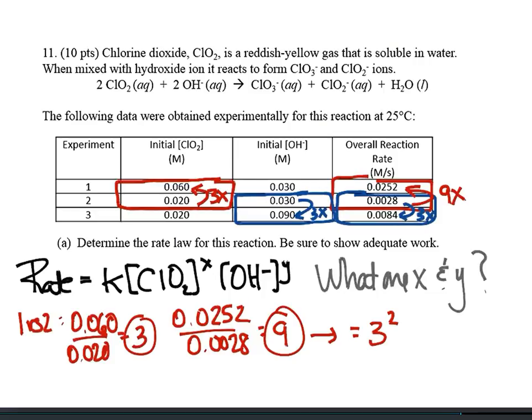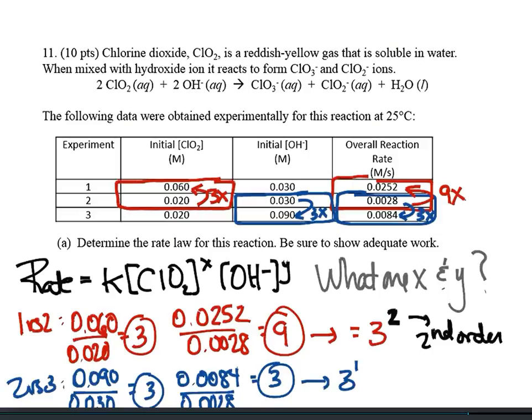If you can't see that, then you can always plug the numbers in. Remember that 9 is the same as 3 squared, which means that this is second order in chlorine dioxide. And then if you compare experiments 2 versus 3, you get 3s for both of them. 3 is 3 to the first power, which means it is first order in hydroxide.